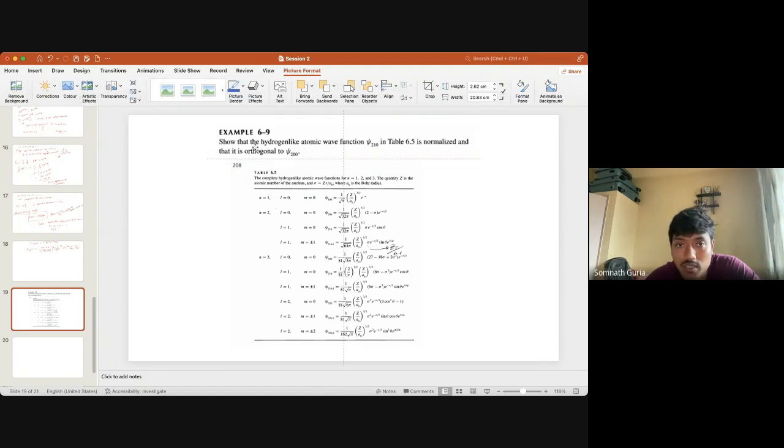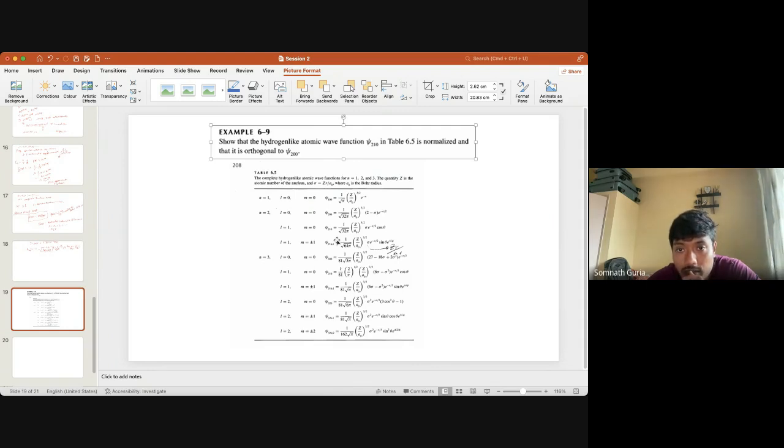Can you prove that the hydrogen-like atomic wave function psi 2 1 0 is 1 upon square root of 32 pi, Z to the power 3 by 2, times the radial function only, e to the power minus sigma by 2, cos theta, right?